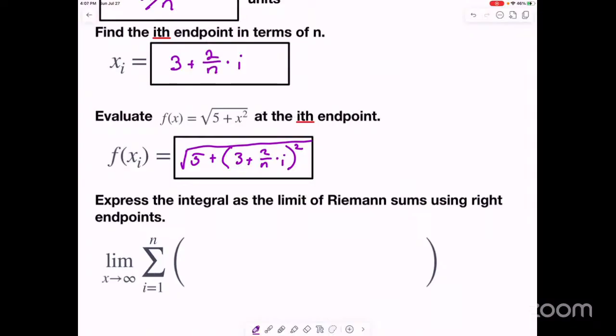That's in subintervals. I feel like I'm missing something there. Let me see.